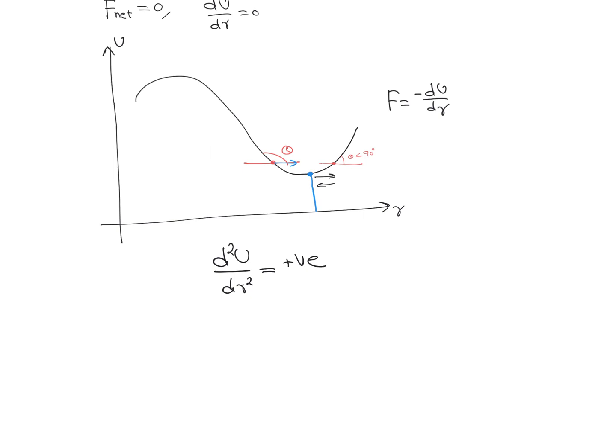So at stable equilibrium, potential energy is minimum, or when displaced from its equilibrium position, restoring forces start acting on the object, which has a tendency to bring the object back to its equilibrium position. At stable equilibrium, potential energy is minimum compared to its neighborhood points. So the condition for minima is d square u divided by dr square should be positive. This we can take as the condition for stable equilibrium.